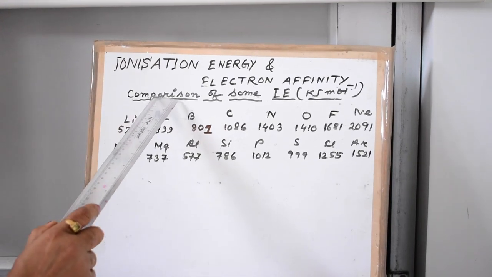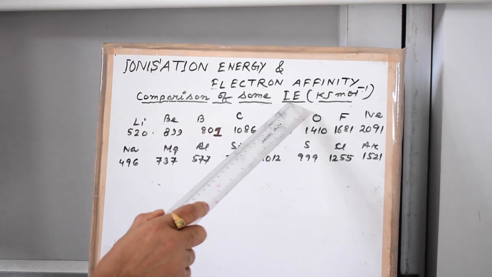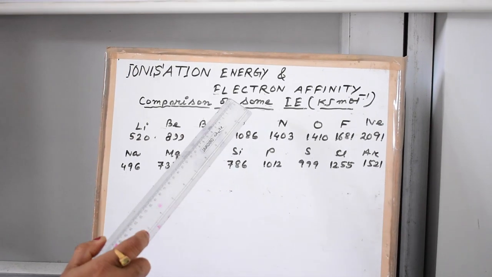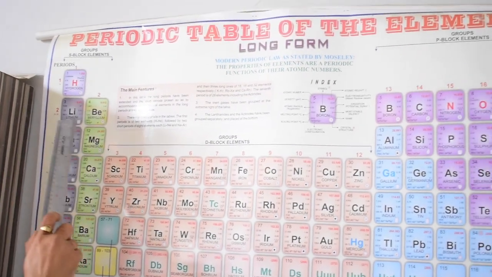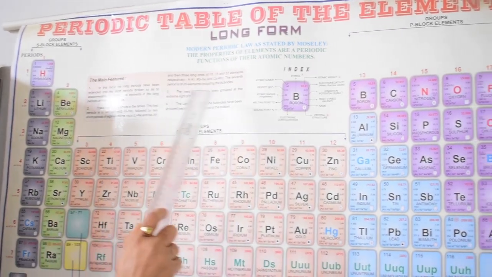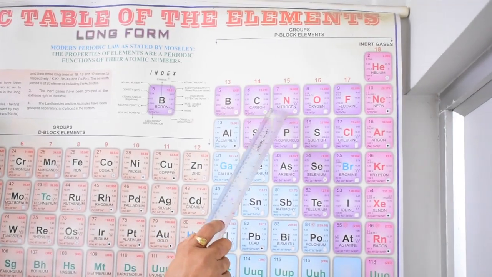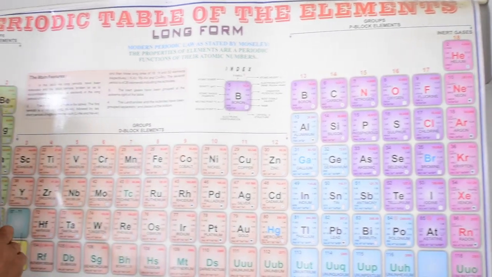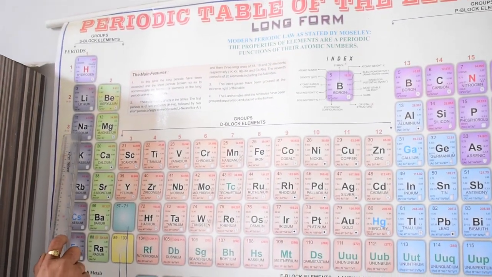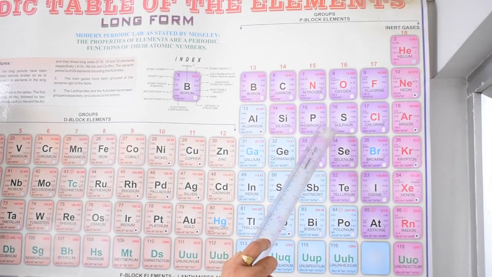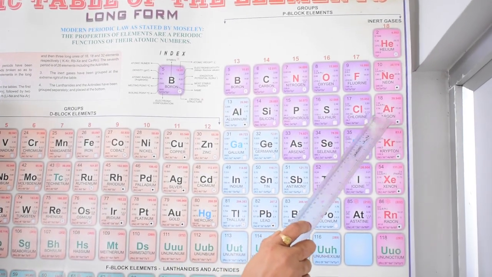Let us see the comparison of ionization energy in kilojoule per mole for some of the elements. The elements of period 2 are lithium, beryllium, boron, carbon, nitrogen, oxygen, fluorine, neon. And the elements of period 3 are sodium, magnesium, aluminium, silicon, phosphorus, sulfur, chlorine, argon.